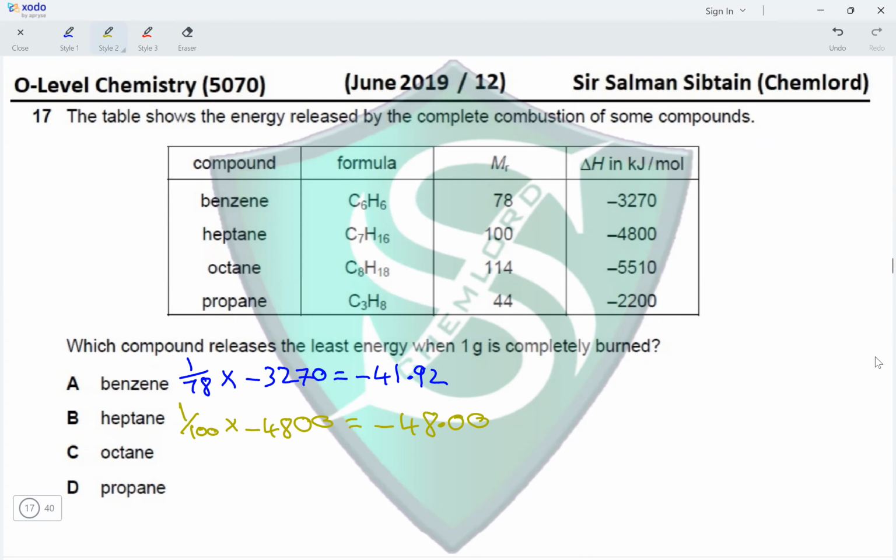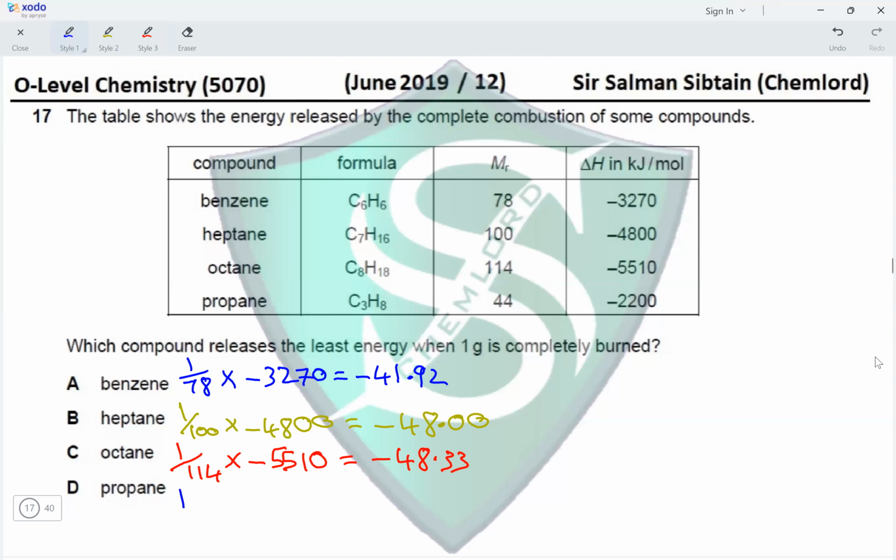This would give us a value of minus 48.00 kilojoules. For octane, the MR calculated is equal to 114. So 1 divided by 114 multiplied by minus 5510. This gives us an energy value of negative 48.33 kilojoules. And last, we have propane. The MR of propane is 44.